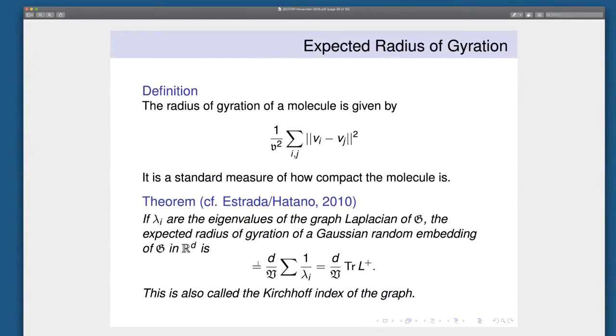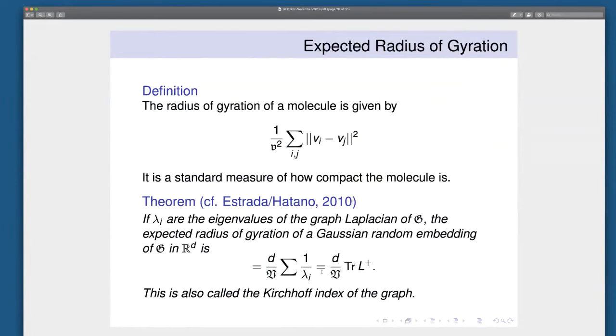So this number turns out to come up all kinds of places in mathematical chemistry. The sum of inverse eigenvalues of the graph Laplacian is also called the Kirchhoff index. And there's a really pretty paper of Estrada and Hatano studying elasticity in molecules where their graph edges are like bonds with a potential energy associated to them.